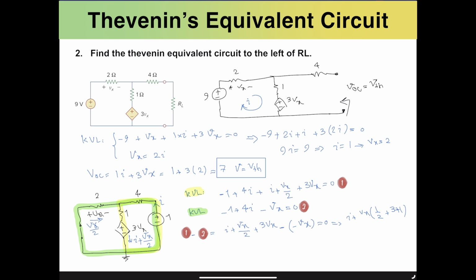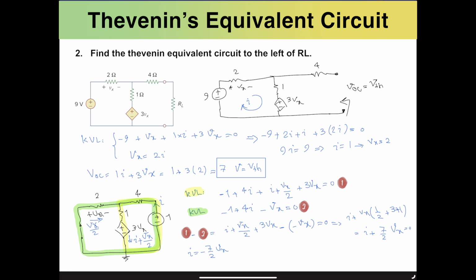So this would be 7 over 2, essentially. 7 over 2 Vx plus I equals 0. That means that I is equal to minus 7 over 2 Vx.